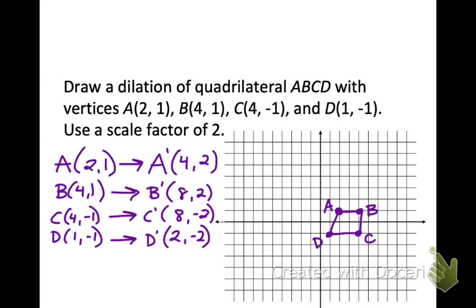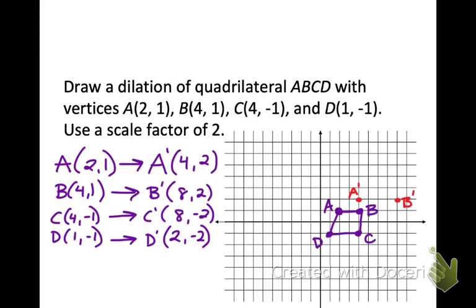Okay. So the next 1, 2, 3 problems are something similar to this. Given a scale factor and the original points, can you come up with the next set of points? Would you be able to do that? Yeah? All right. And the next part is actually graphing it. So let's graph those points and see what it looks like. So plot the point 4, 2. 1, 2, 3, 4, up 2. Label it A prime. B is at 8, 2, 4, 5, 6, 7, 8.